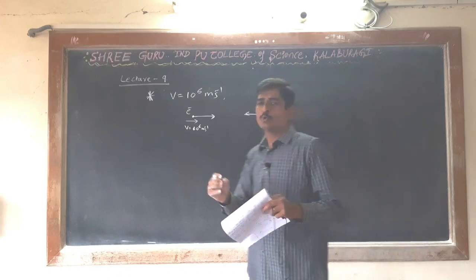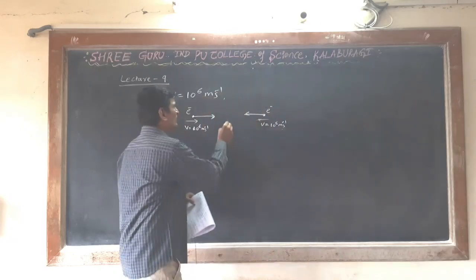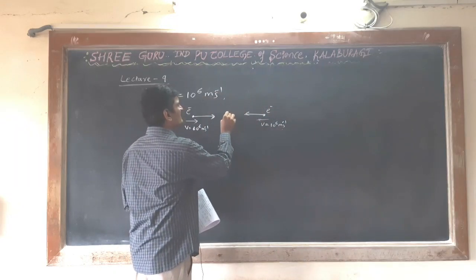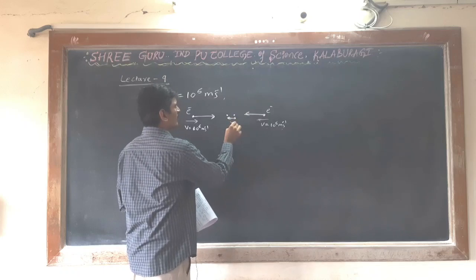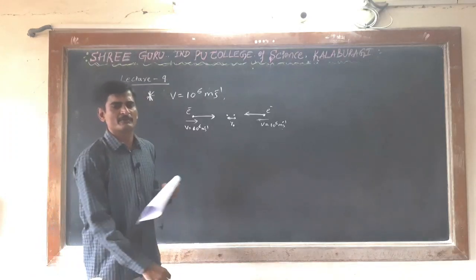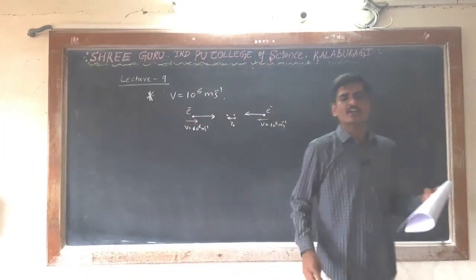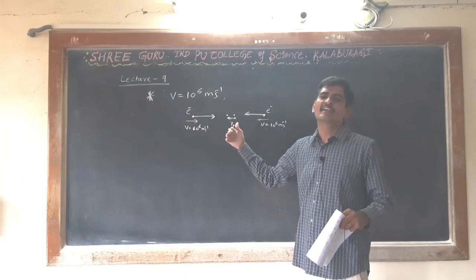And to what minimum distance will they approach? That is, we have to find the distance of closest approach, the minimum distance between the two electrons before they stop. As they lose kinetic energy, finally the kinetic energy becomes 0.